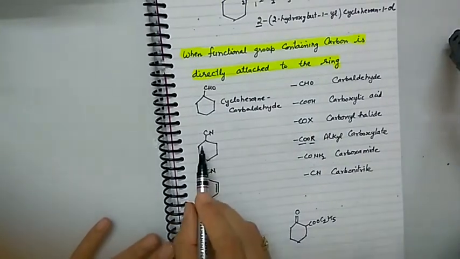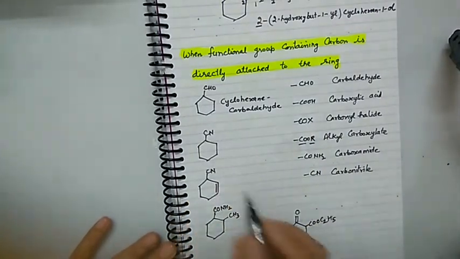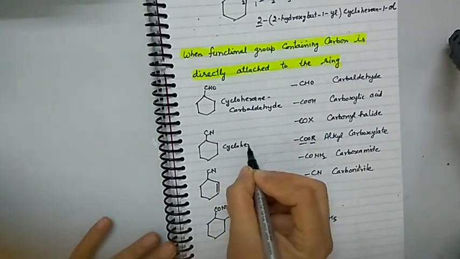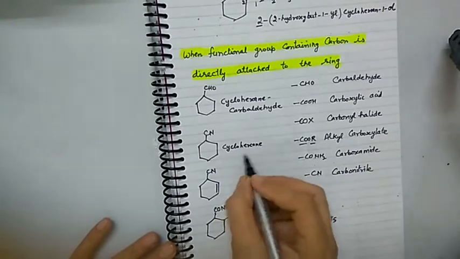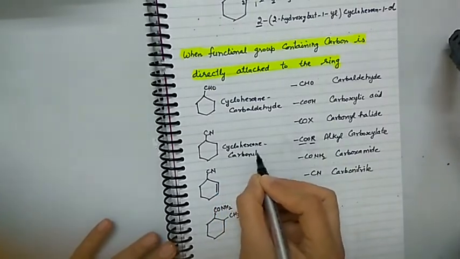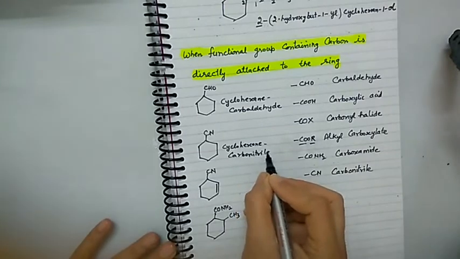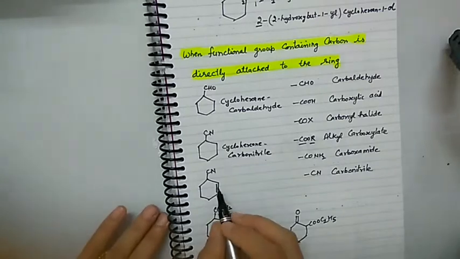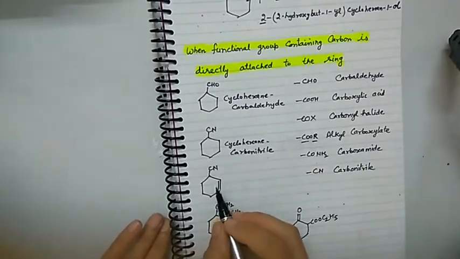Here it is CN. CN is called carbonitrile, so it is called cyclohexane carbonitrile. Here this is carbonitrile, but double bond is also present in the ring.